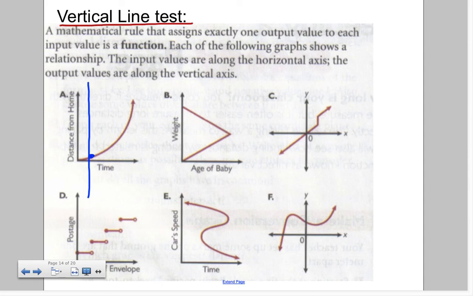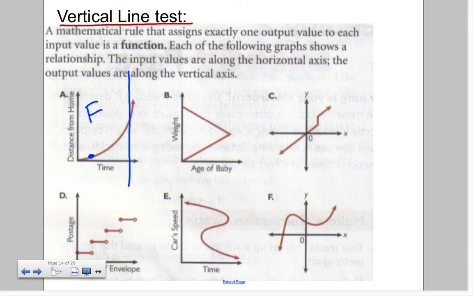As I move it along, it only crosses how many times? There we go. As I move it across, the vertical line intersects the graph only once, all the way across. So as long as it only crosses one time, this is indeed a function.